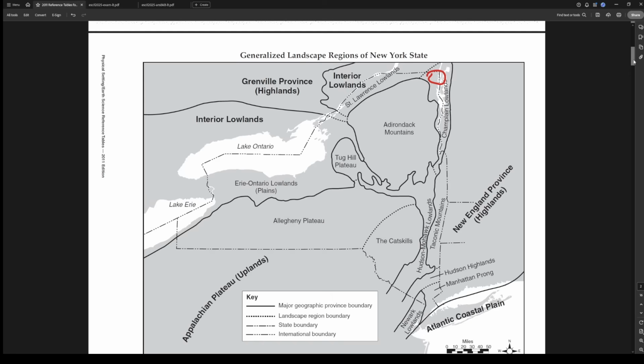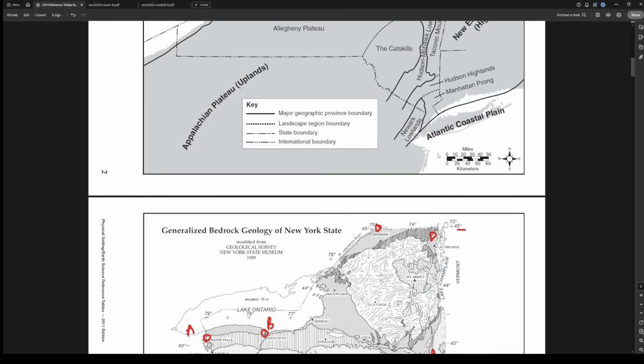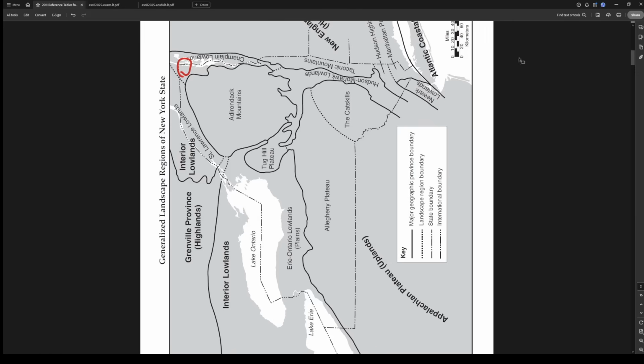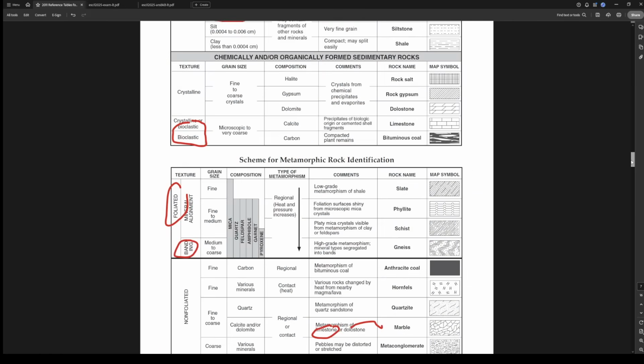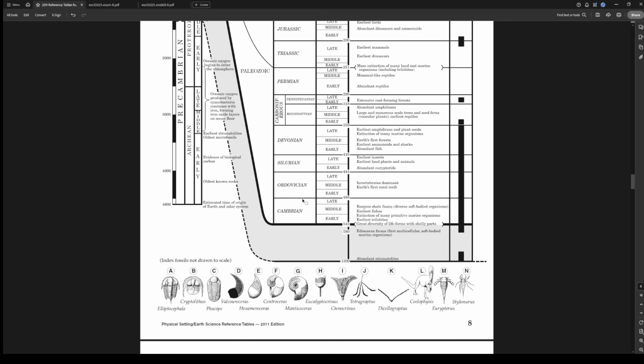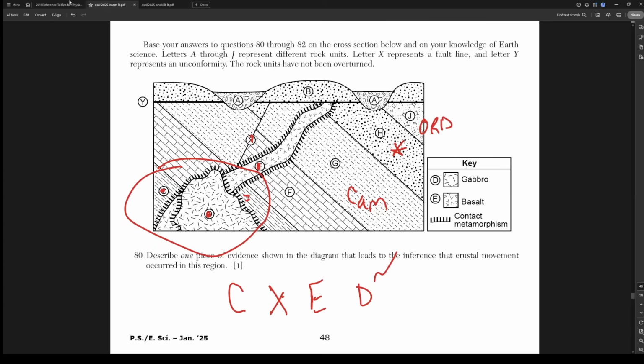Let's go here. Gotta rotate this so everyone can see. Okay. So Cambrian and Ordovician right here. So we need an index fossil, which are these letters between the two, right?